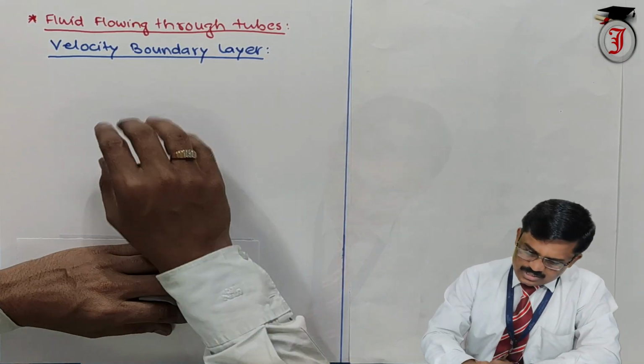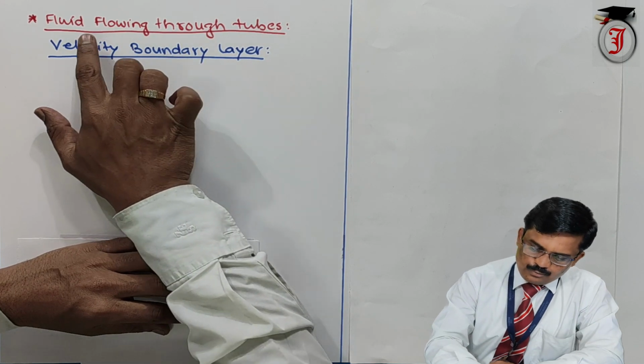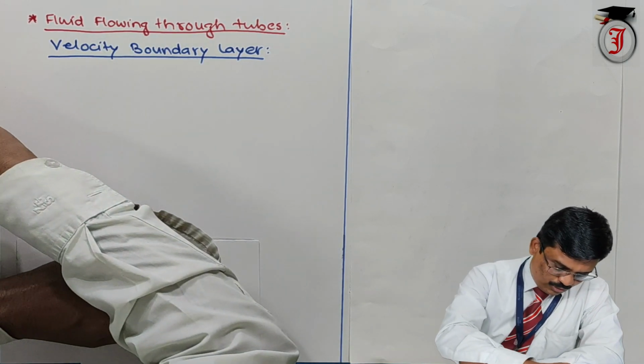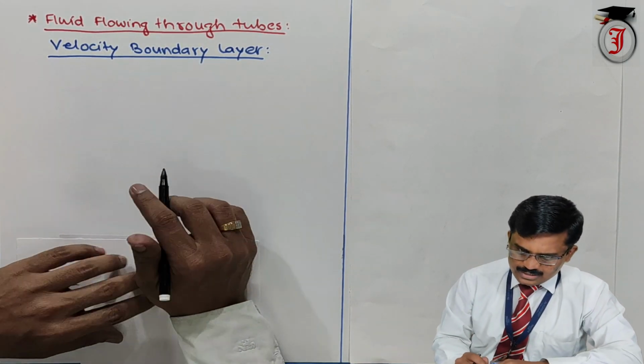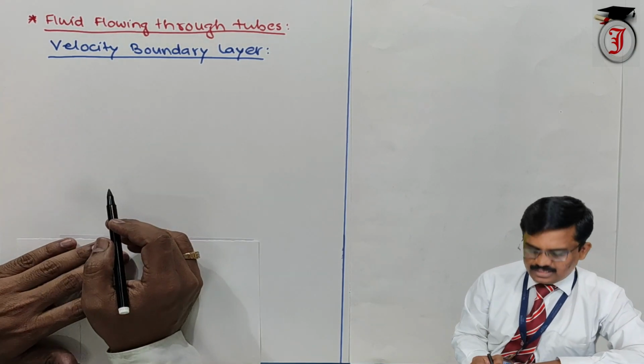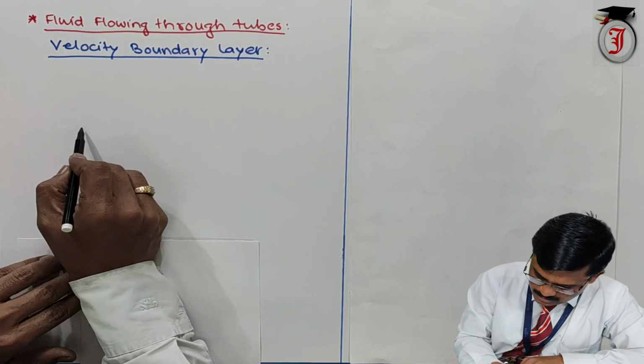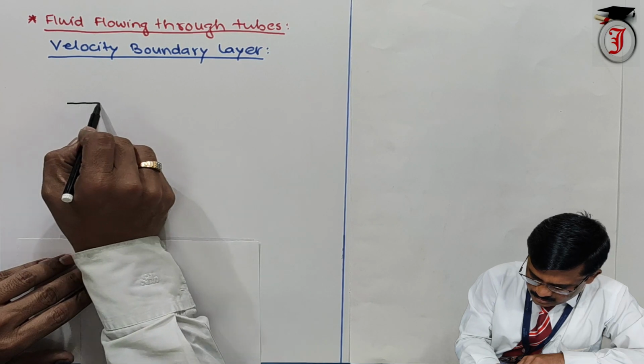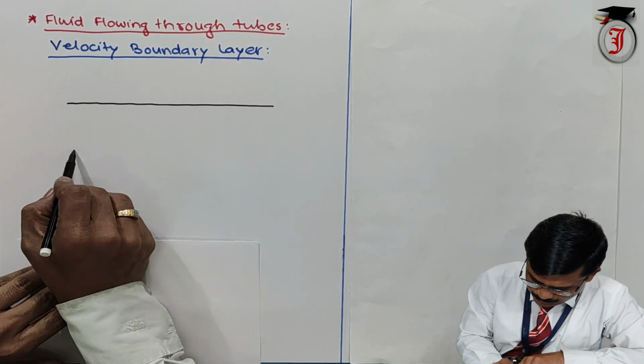So let us discuss the velocity boundary layer when fluid is flowing through the pipe. Let us consider the fluid is entering a circular tube.